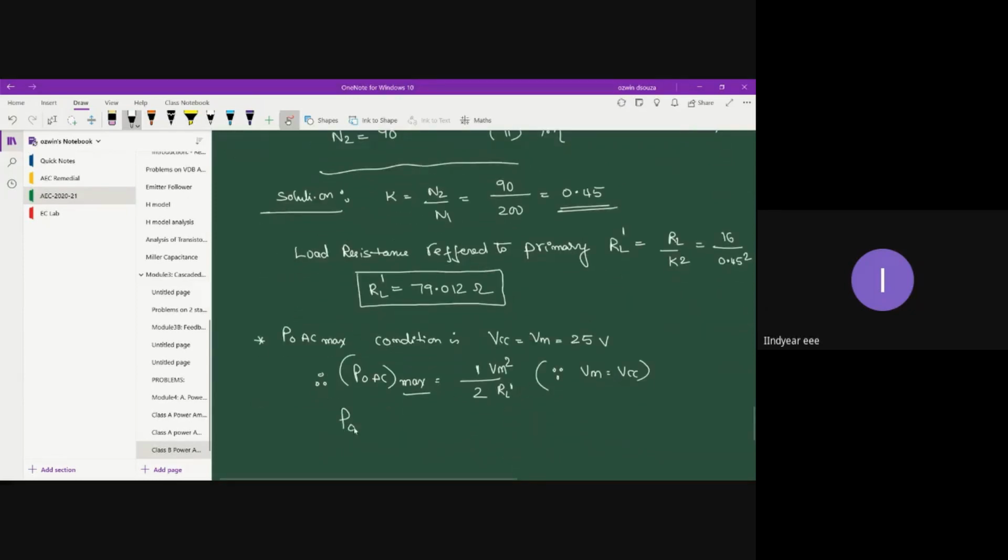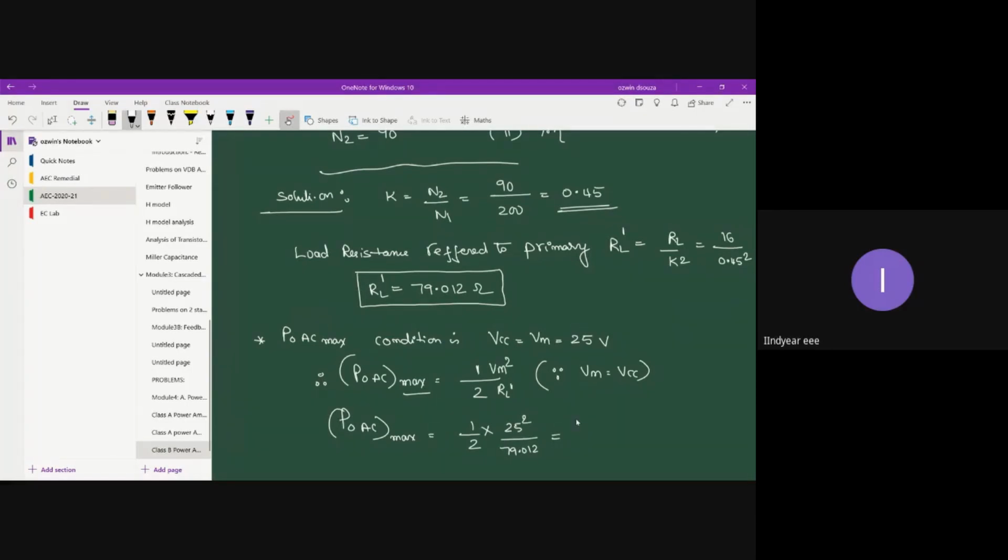So you would get P0 AC maximum as half into Vm. Vm is 25 square divided by RL dash. So RL dash is 79.012.